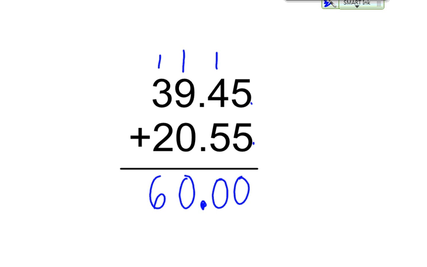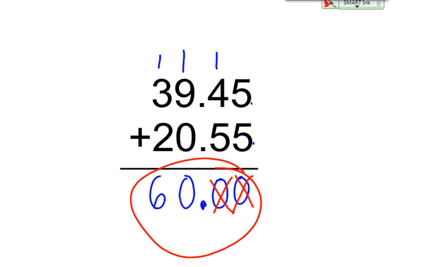And so we're left with this answer. Now the big question is how much of this answer do we really need before we circle it? Do we need to circle the whole thing, or can we write what is actually valuable? As we look at this, we realize that this 0 and this 0 don't really need to be there, so we could just write our answer as 60.